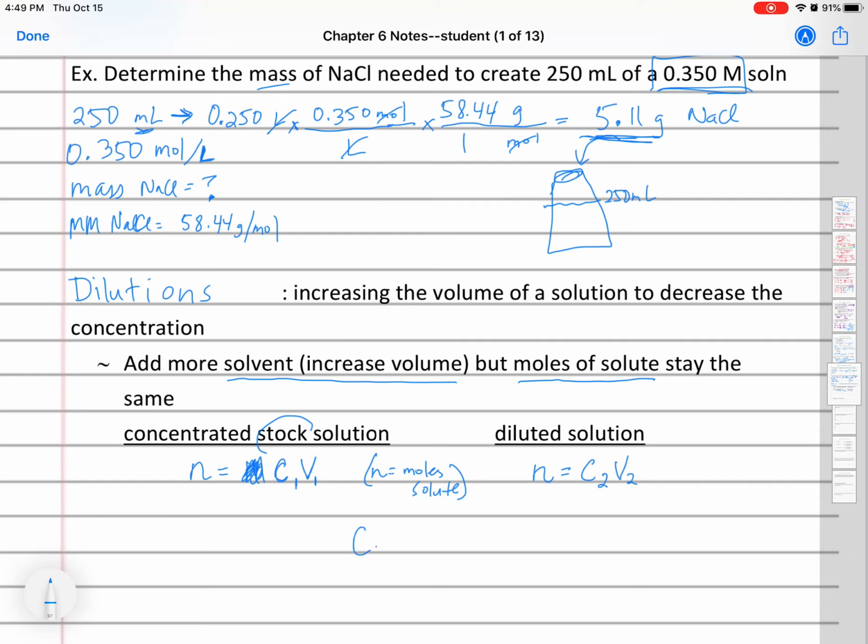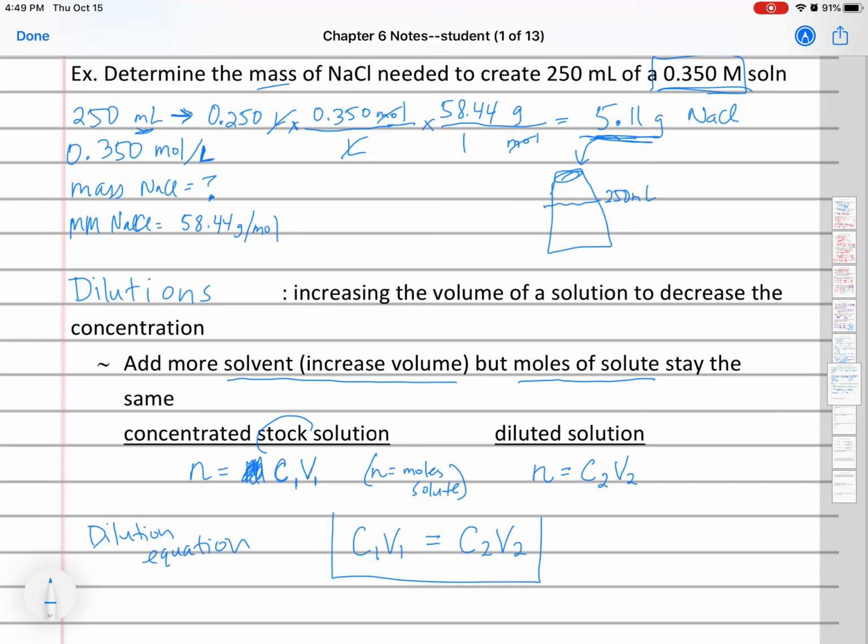The number of moles stays the same, then that means the concentration of the stock solution times the volume of the stock solution that you use will equal the final concentration of our diluted solution times the final volume. C1V1 equals C2V2. We call this the dilution equation.